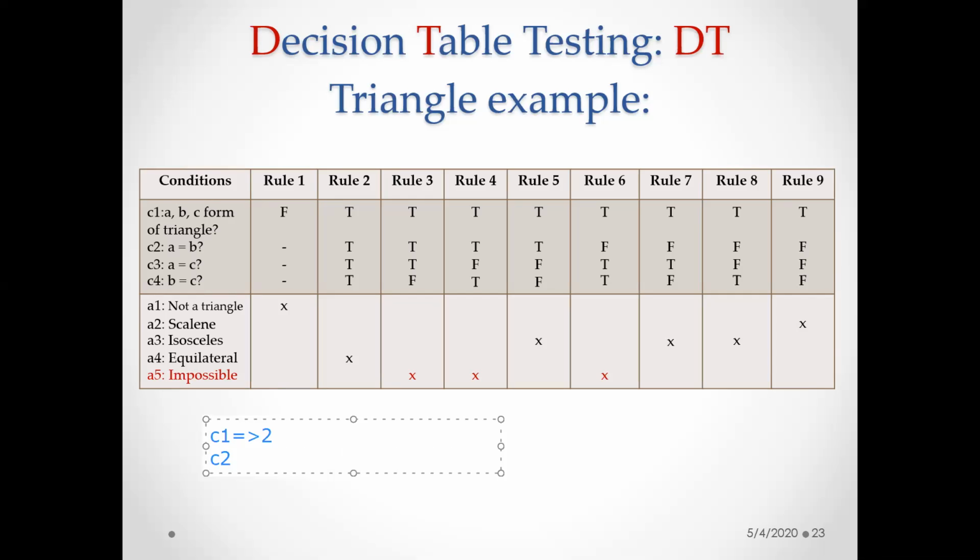C2, condition 2, 2 entries, true or false. C3, once again it is 2 entries. C4, once again it is 2 entries. Yes, agree.